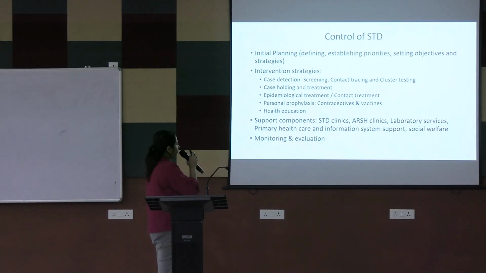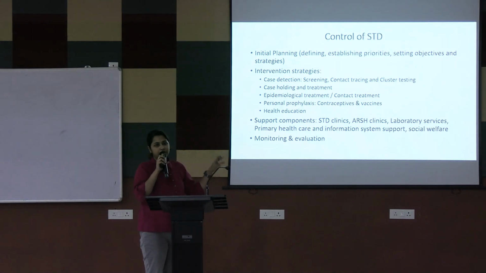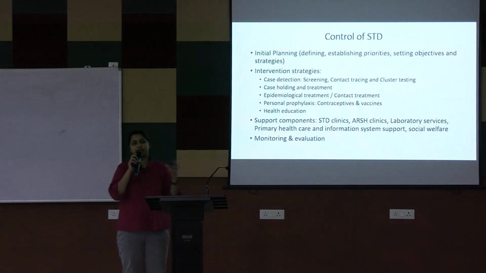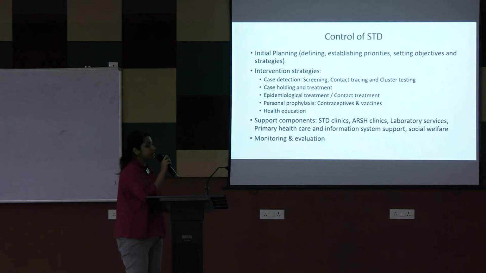And finally, the program, whatever you have done, you finally monitor and evaluate whether it can be improved upon or not, and then increase the case detection and the treatment success rate of your strategy. So this is how you can control the STD spread in your population area.